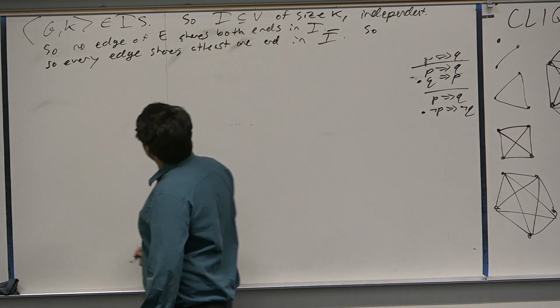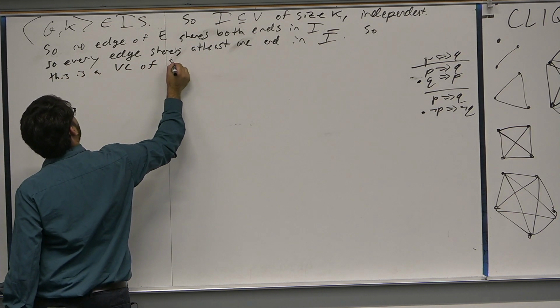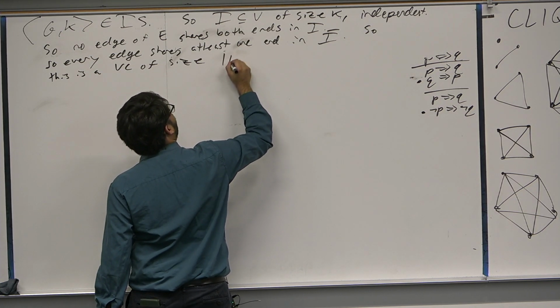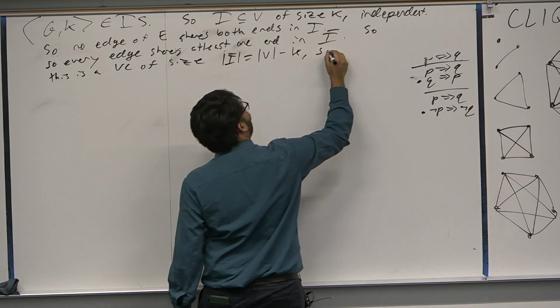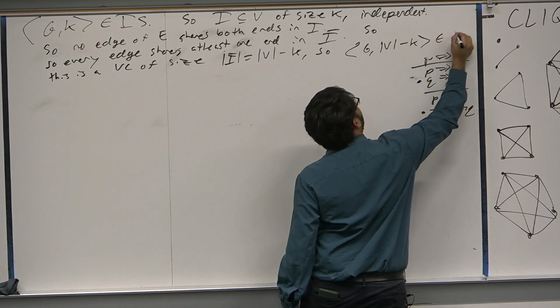So this is a vertex cover of size cardinality of I complement, which is v minus k. So g comma v minus k is in vertex cover.